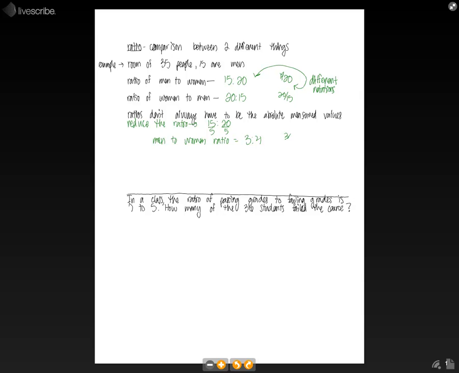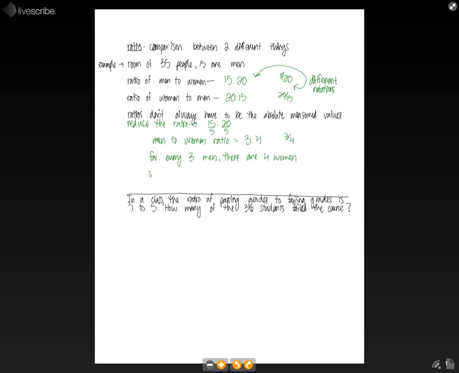Again, we can write this as 3 over 4 also. And so what this means is that for every 3 men that are present, there are 4 women present. And that's in its simplest terms.